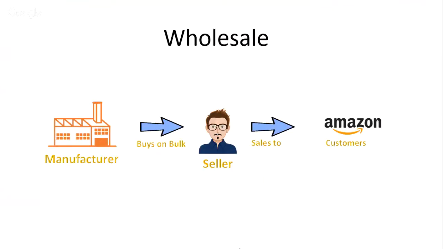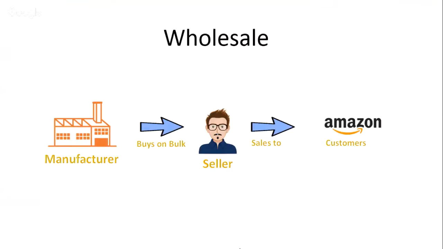They do not have any online presence, so you contact them and try to tie up with them, and you get the exclusive online sales rights from this manufacturer. You get that product to Amazon and sell it. And how do you work with them? You work with them on a wholesale model. That means you buy in bulk and sell on Amazon at retail. So that's called wholesale.